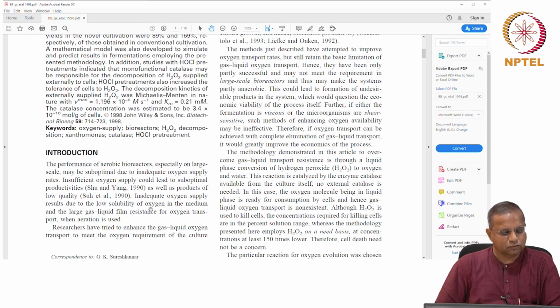results due to low solubility of oxygen in the medium, 8 ppm at equilibrium, and the large gas liquid film resistance for oxygen transport when aeration is used.